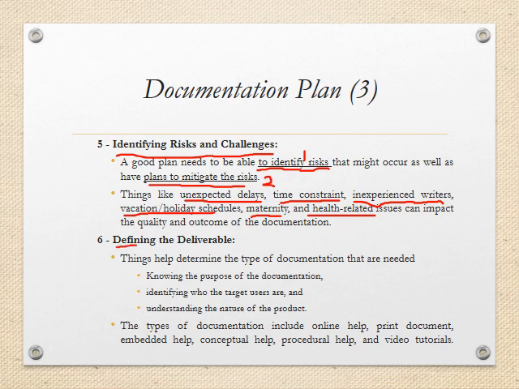Number 6, defining the deliverable. Now we have to define what type of document is needed. This thing depends on the 3 elements we mentioned first اللي هم overview of the product, purpose of the product, and key contacts. بهذول بيحددوا شو طبيعة deliverable.